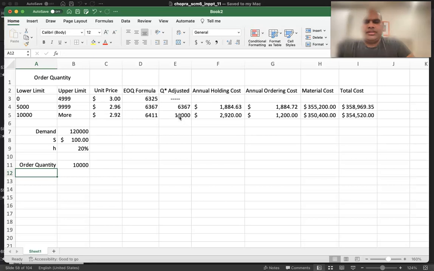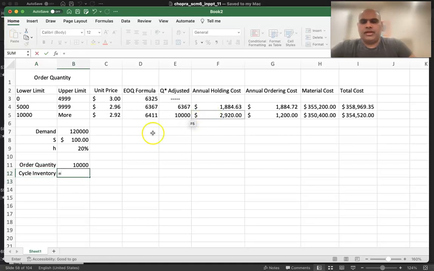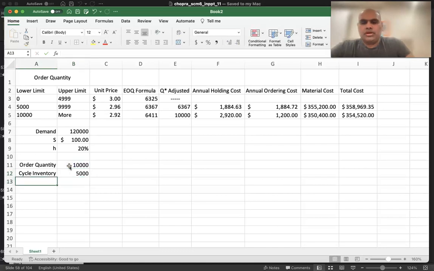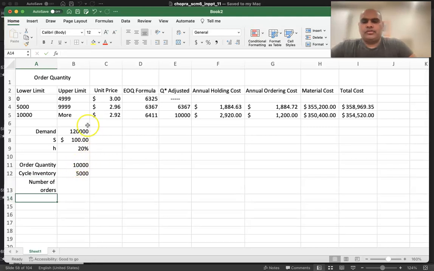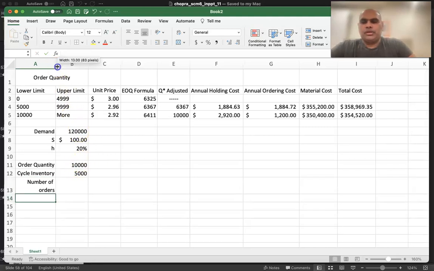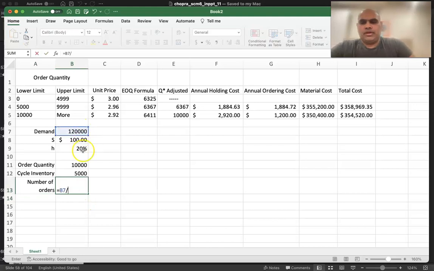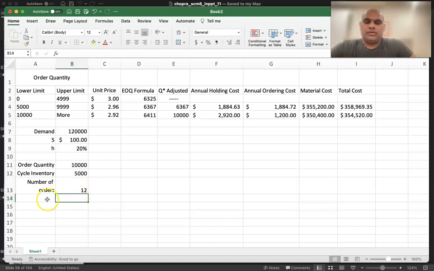And then we can get the usual things. Say things like what is the cycle inventory? That's half of that, right? Number of orders. Now that's easy. If you're ordering 10,000 and annual demand is 120,000, number of orders is easy. That is D divided by Q, right? You can order 12 times in a year, right?